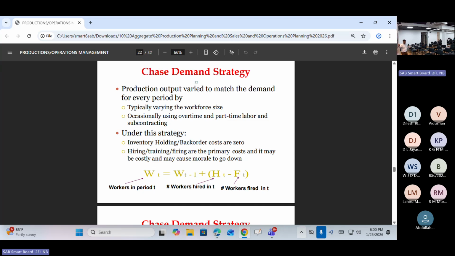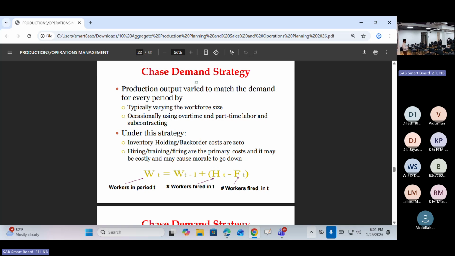So usually, referring to an equation like this, we can identify how many workers required for that period. So for that, at the beginning of the period, T minus 1, what is the size of workforce? Plus, how many workers hired during the period minus how many workers fired during the period. So we can calculate how many workers required for the period.